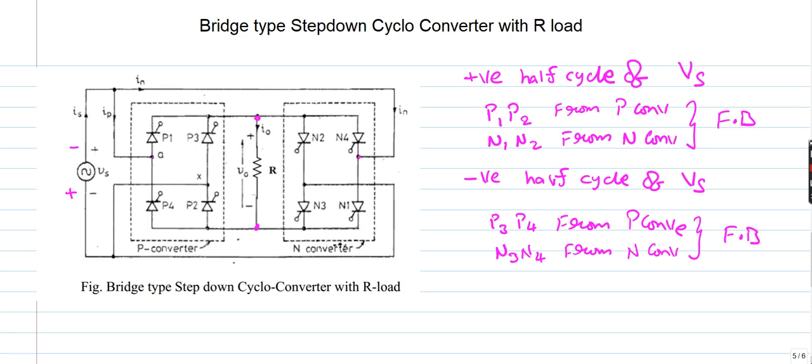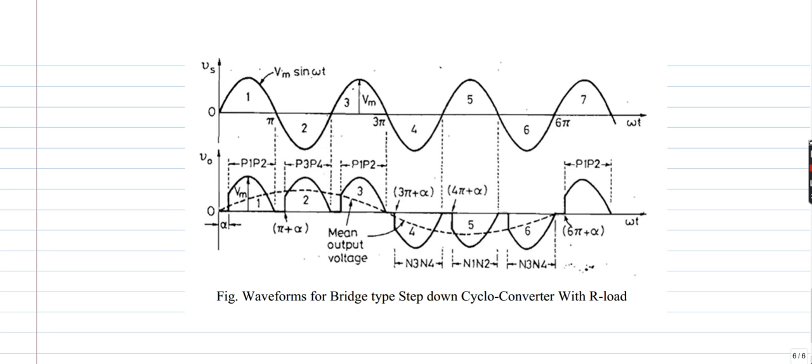We know that when P1, P2, P3, P4 are in conduction, I can expect positive half cycles in the output. When N1, N2, N3, N4 are in conduction, I can expect negative half cycles in the output. So the output frequency requirement is one third of the supply frequency.